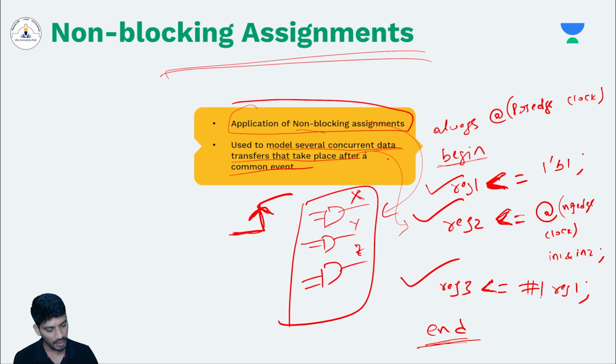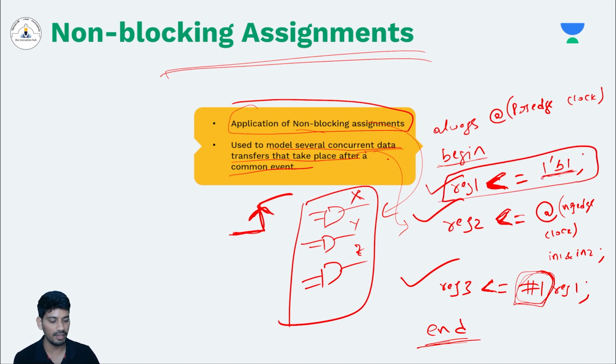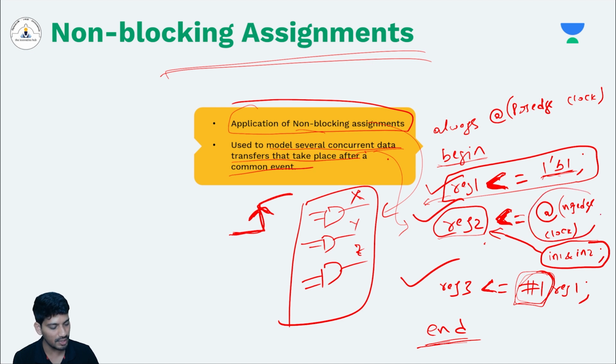But since there is a time period of 1 nanosecond delay, let's begin with this statement. First, it will execute register 1 equals 1'b1 at time t equals 0. At the same time t equals 0, it will execute this statement, but it will only assign it to register 2 when this event is happening.